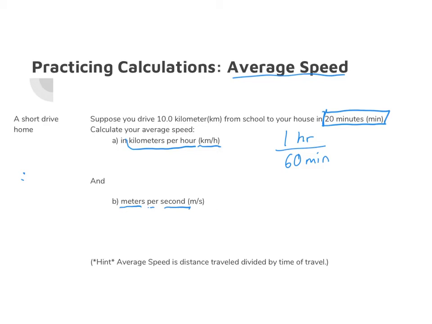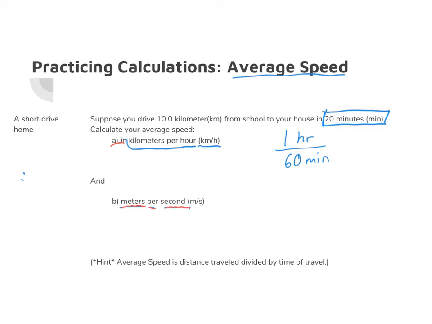Okay, so you've had some time now. If you took what you solved in part A and part B, you should remember now we have two units to convert here. So here's your conversion factors.